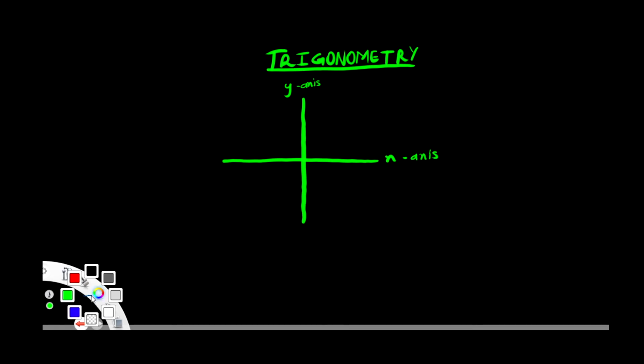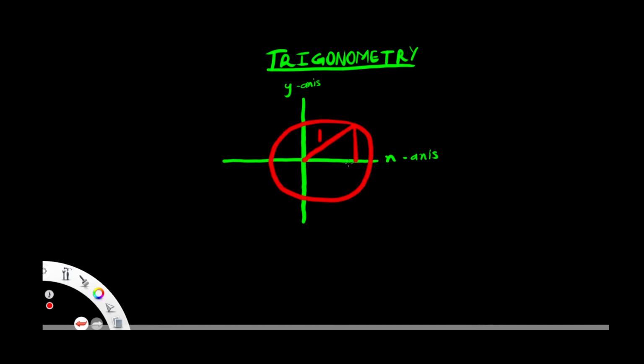So first of all, let us make a Cartesian grid. This grid consists of a y-axis and an x-axis. And let's say this is some circle, and this circle has radius 1.